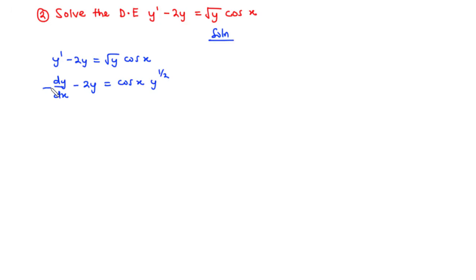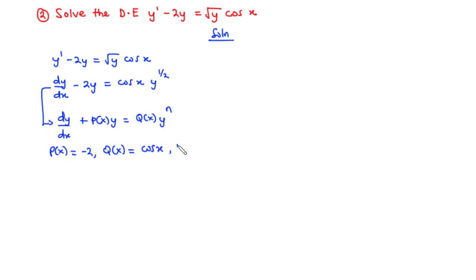Now you realize that this is in the form dy dx plus p of x times y equals q of x times y to the power n. Therefore we have p of x equal to negative 2, q of x equal to cos x, and n equal to 1 over 2.